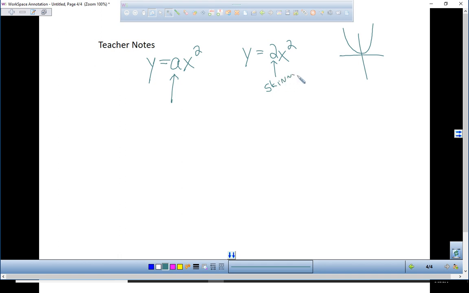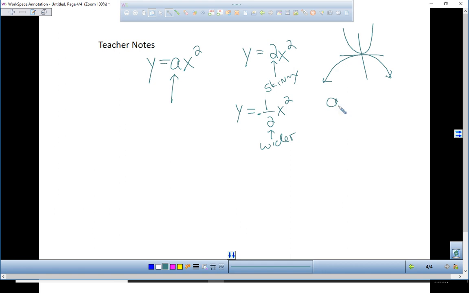And then if you put a number less than 1 in front of it, what if I put y equals negative 1/2 x squared? What's that going to look like? Flip over the y-axis and get fatter. Yeah, it's going to flip this way. It's going to make it go upside down, and it's going to make it get fatter, right? So this makes it wider. It's also called a vertical compression, okay?